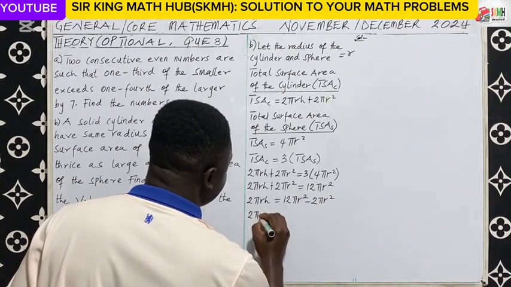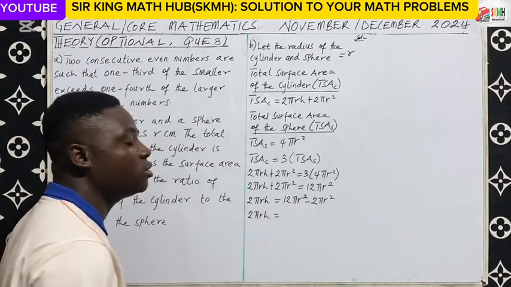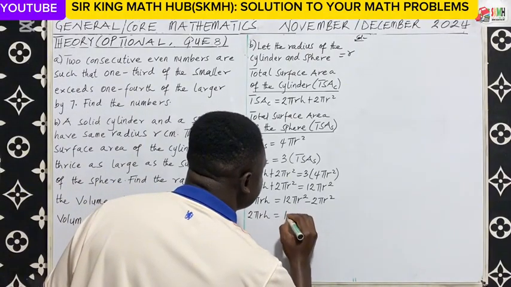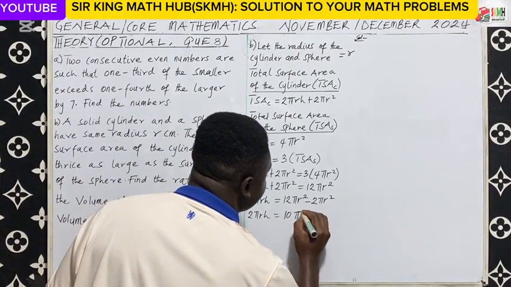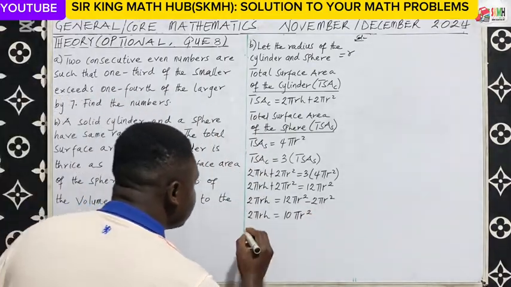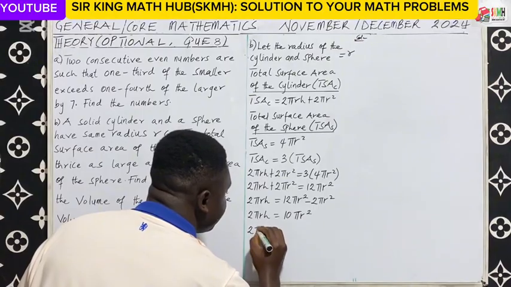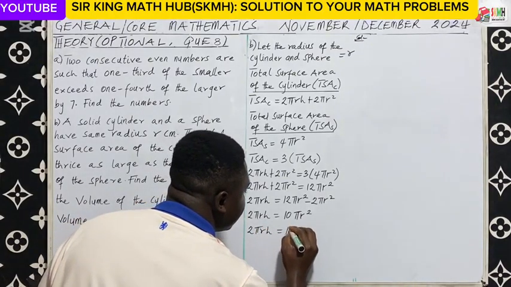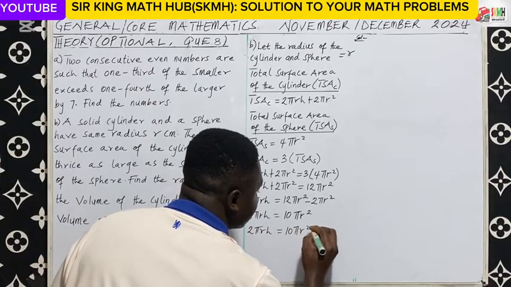So 2 pi rh is equal to 12 pi r squared minus 2 pi r squared. That is 10 pi r squared. So we have 2 pi rh is equal to 10 pi r squared.